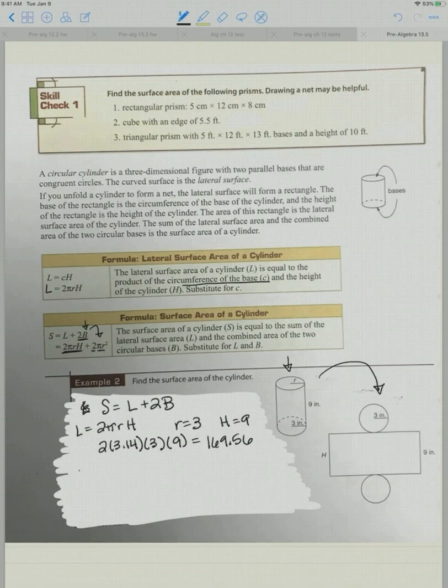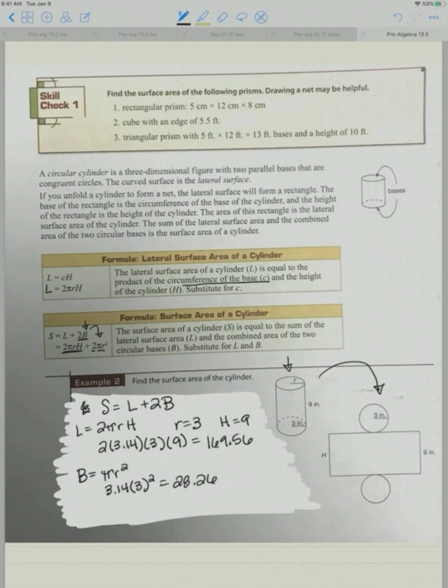Now I'm going to figure out big B, the area of my base, pi r squared: 3.14 times the radius, 3 squared, so that's 3.14 times 9, which is 28.26.